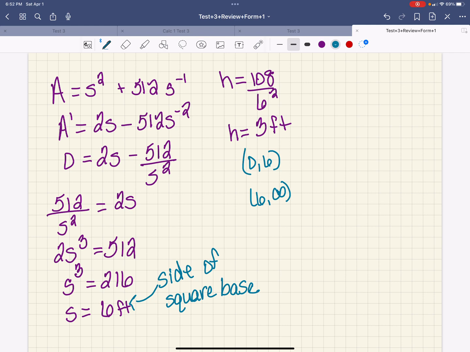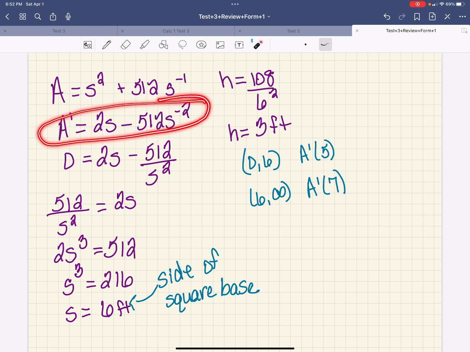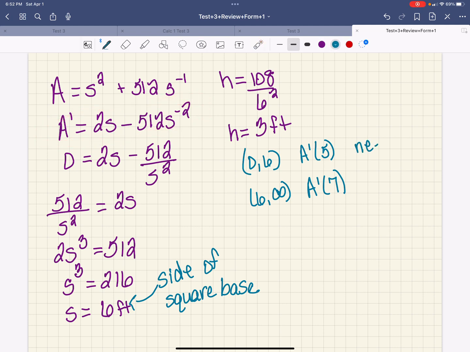So then we are going to use the derivative. We're going to plug a test value into our derivative to make sure. This is the first derivative test. When I plug 5 into my derivative, here's my derivative right here, I get a negative value.